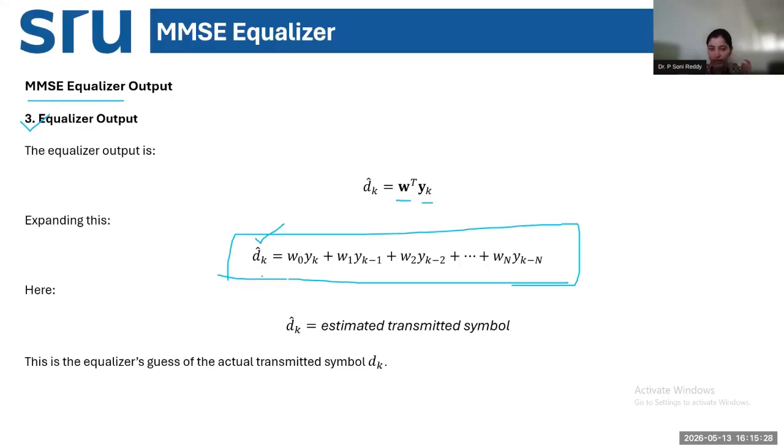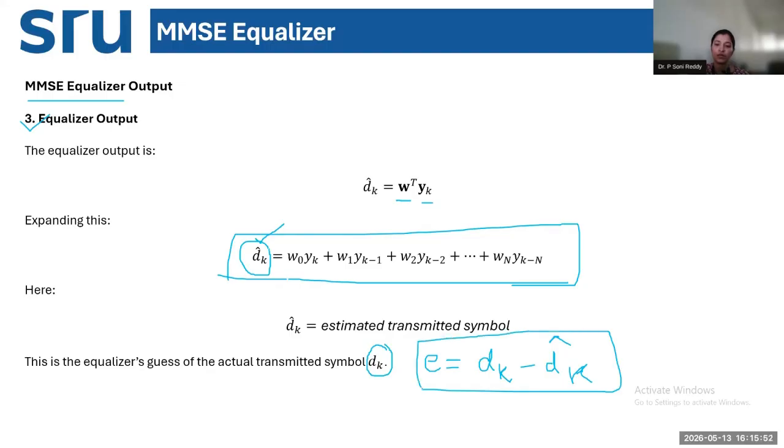The equalizer is generating this output corresponding to the actual transmitted signal, which is d(k). So the equalizer is generating d-hat(k), but the actual one is d(k). So what is the error? The error is nothing but the difference between the transmitted signal and the equalizer generated output, which is d-hat(k). This is the error that is going to be calculated for the MMSE equalizer.